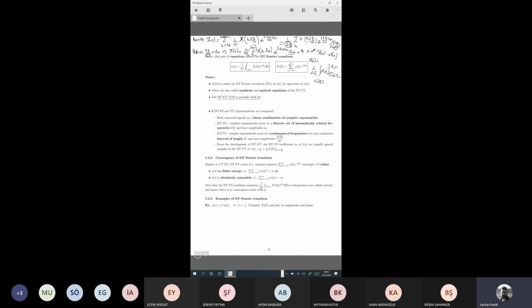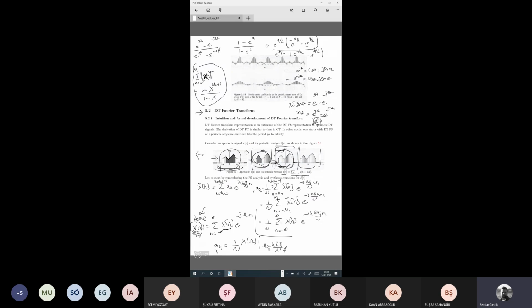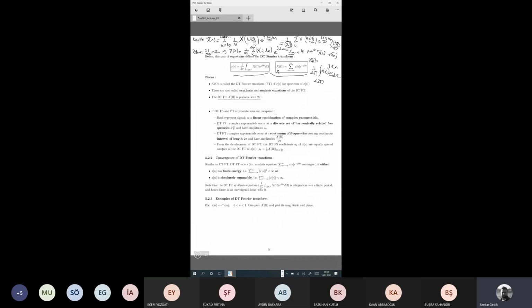By the way, it is also written here. It tells me that if I define this X of omega as I defined here, then as capital N goes to infinity, I can reconstruct x of n from X of omega.